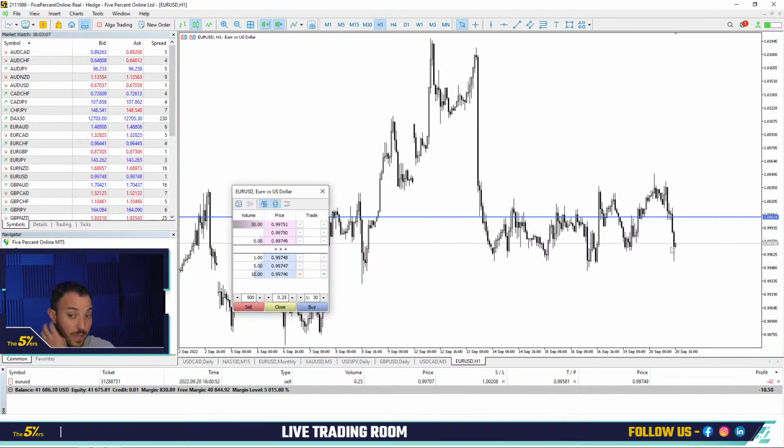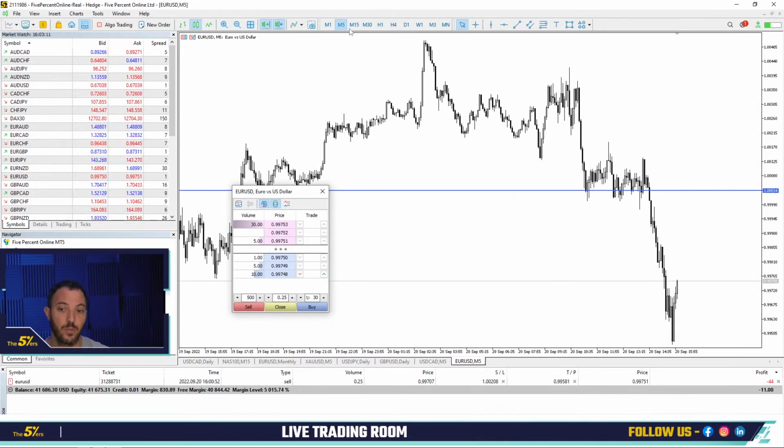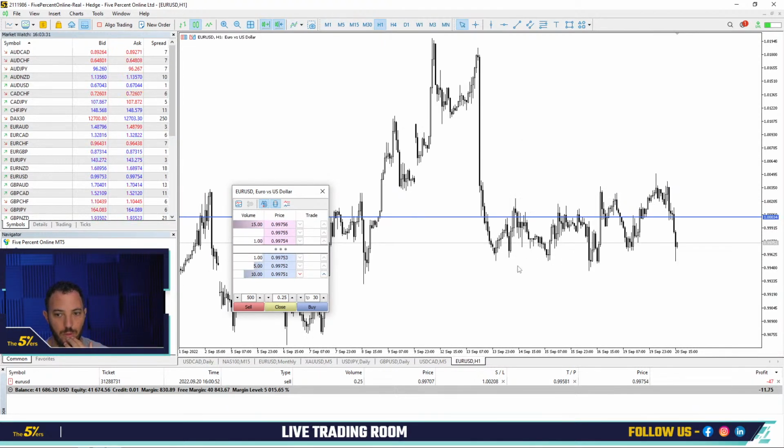some support over there. We're near support, but when I zoom in to the 5-minute chart, we just had that sell off. So I will be trying to catch the next leg higher. Okay, we're at the bottom of the channel, at support, so we expect some buyers now.